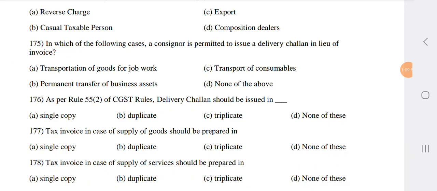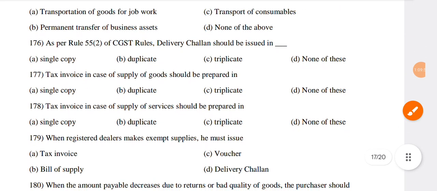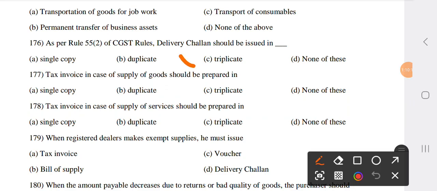Next question. As per Rule 55 sub-section 2 of CGST Rules, delivery challan should be issued in option A, single copy; B, duplicate; C, triplicate; and D, none of this. And the correct option is C. Next question.